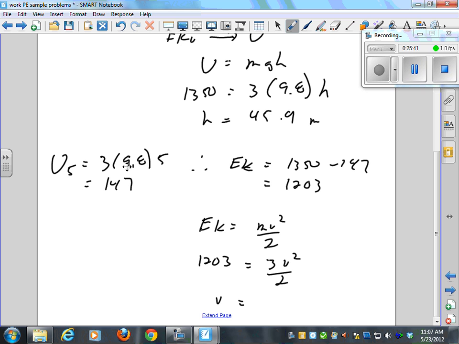Okay, so 1203 times 2 divided by 3, and then square root: 28.32, so 28.3 meters per second. I like doing it that way because it's uniform.